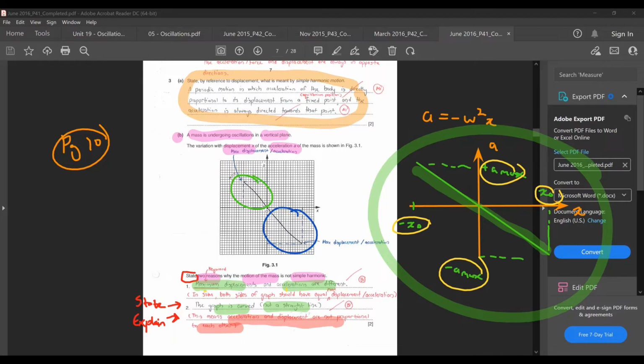The maximum acceleration and displacement here is different from the maximum acceleration and displacement there. Therefore, it is not simple harmonic motion. By right, they should be the same for SHM. In SHM, both sides of the graph should have equal maximum displacement and acceleration.